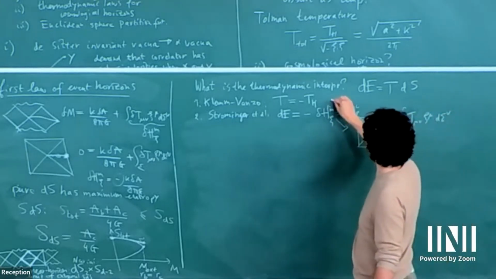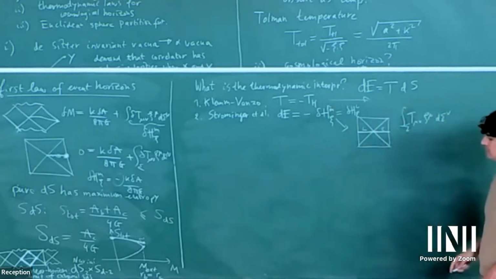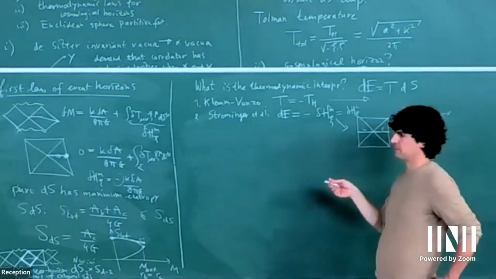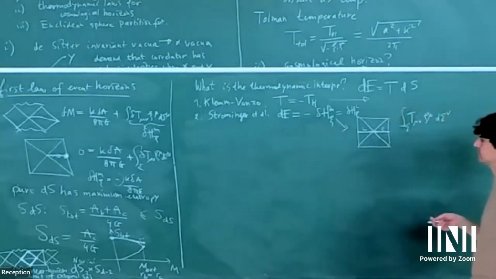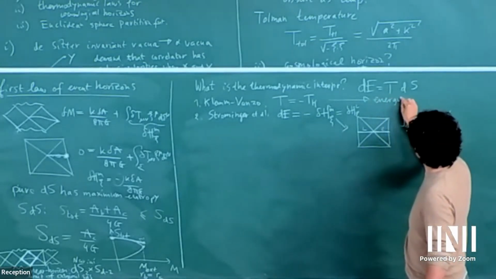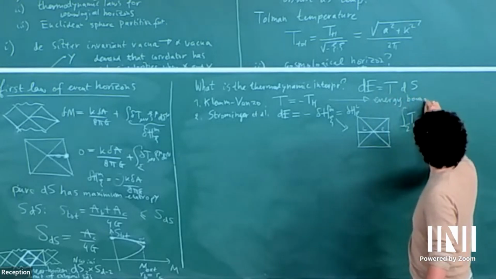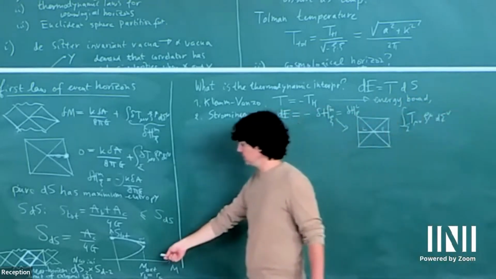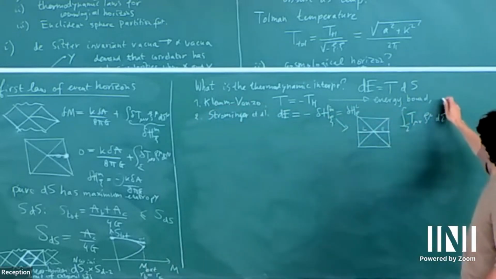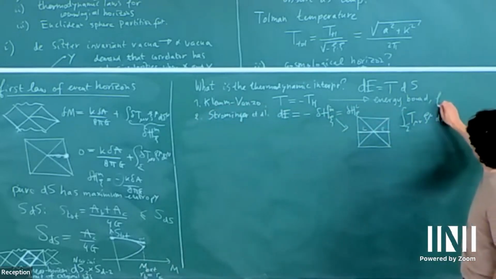And let me also say why this kind of makes sense. You do have negative temperature systems in nature, and they always have an energy bound, which in this case is given by this extremal mass.